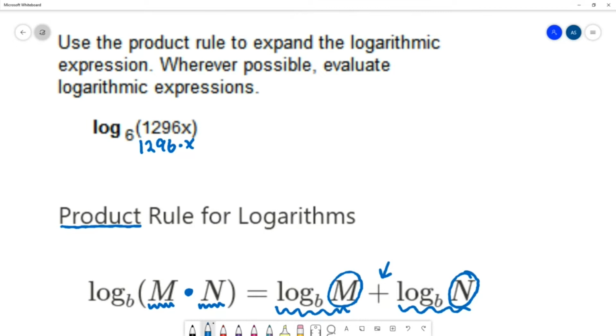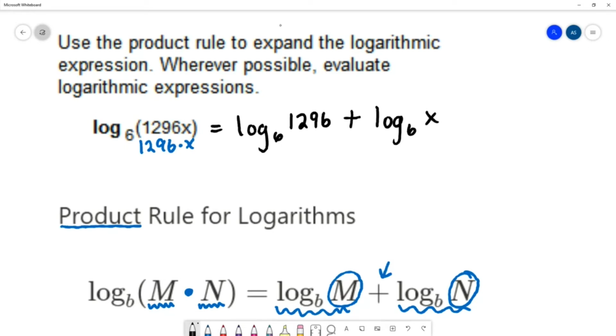With the product rule we add, the quotient rule we subtract. So for our example, our factors are 1296 and x. We're going to do log base 6 of 1296 plus, we get that plus from the product rule, log base 6 of x.